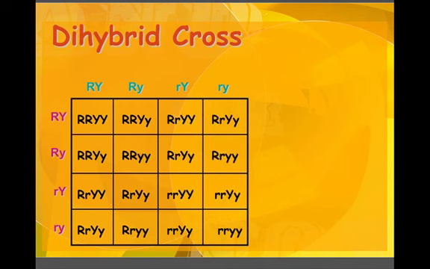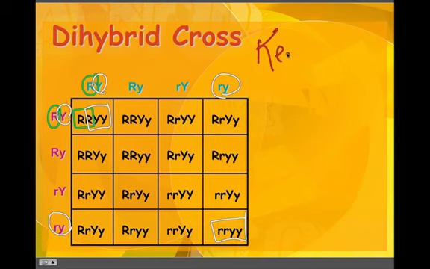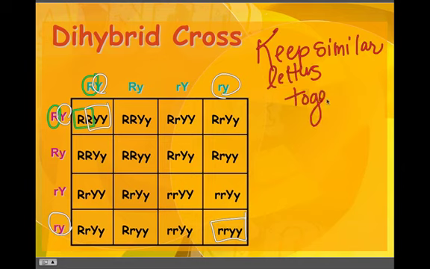So that's what your Punnett square should look like. And I think you can see how that's done. You have to remember to keep the similar letters together and always list the dominant trait first. So once again, keep similar letters together.